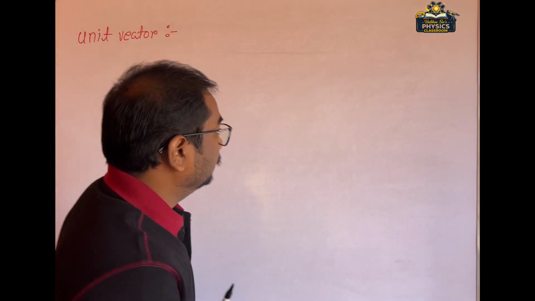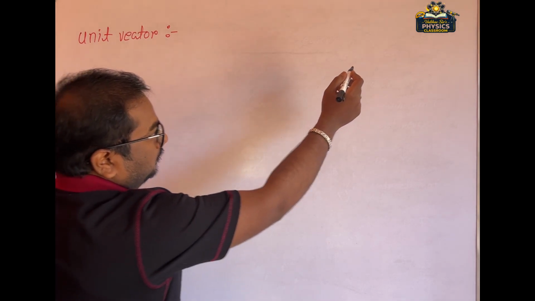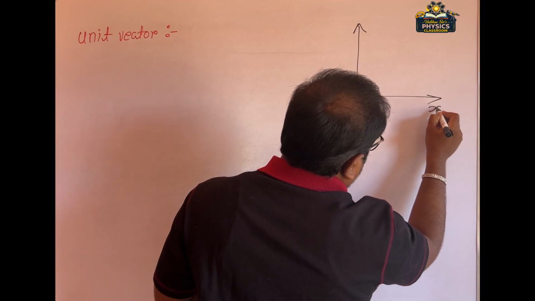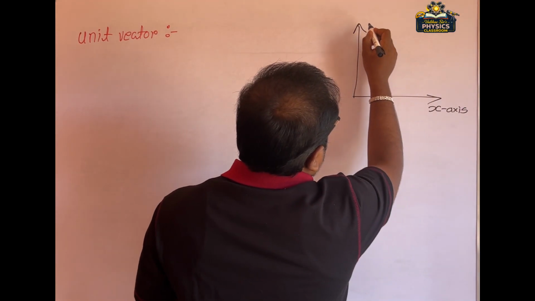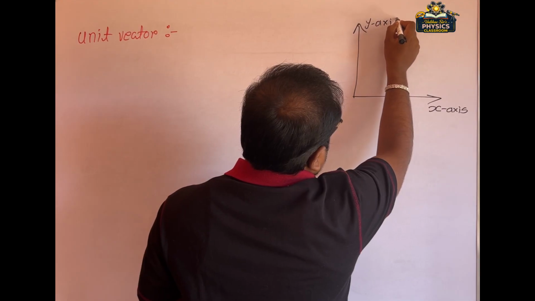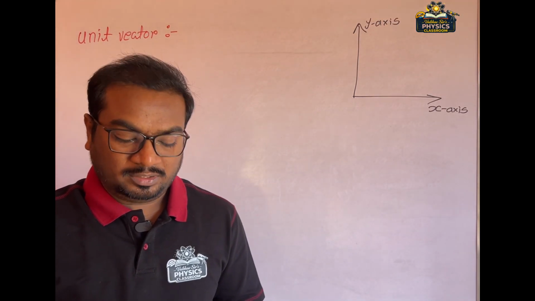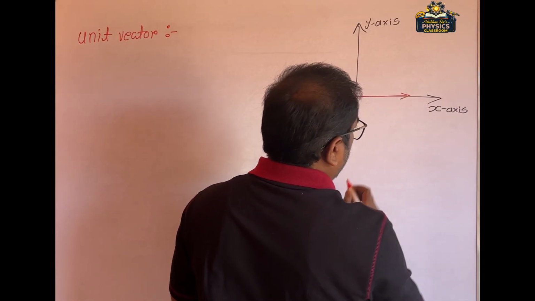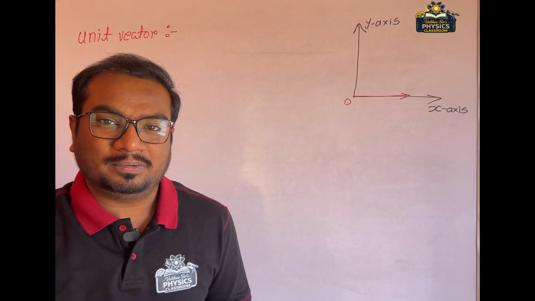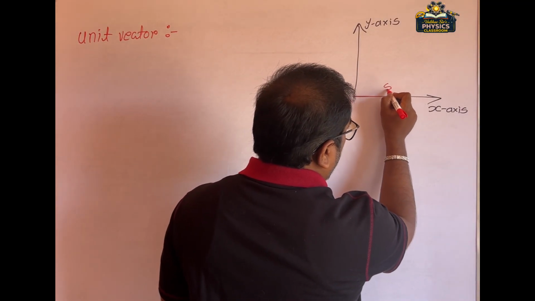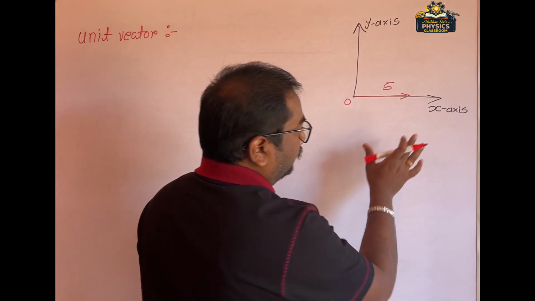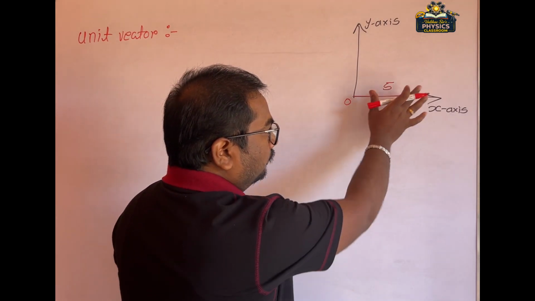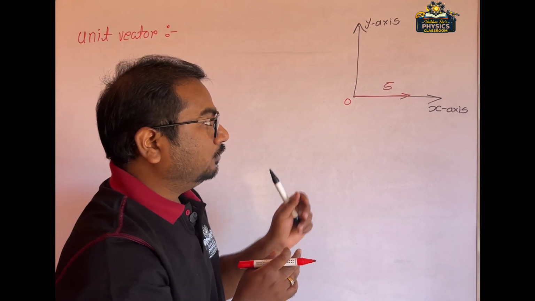Say I take an x axis and this is the y axis. If the vector is moving from the origin towards the x axis, and the magnitude of vector A is 5, how can we get the direction?